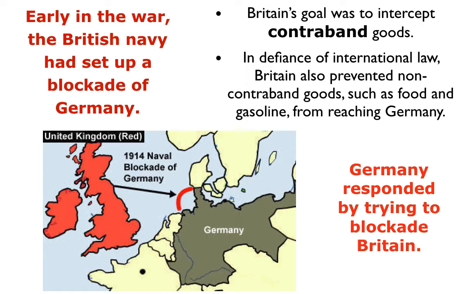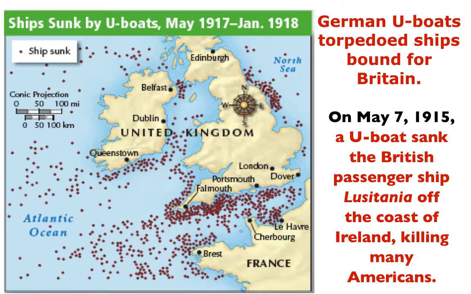Because the British blockade was so good, it basically prevented most goods from getting into Germany, and so American corporations' ability to really trade with Germany in a substantial way is limited. And so what we see is that as the war drags on, American corporations are mostly trading with the British government and the Allies.